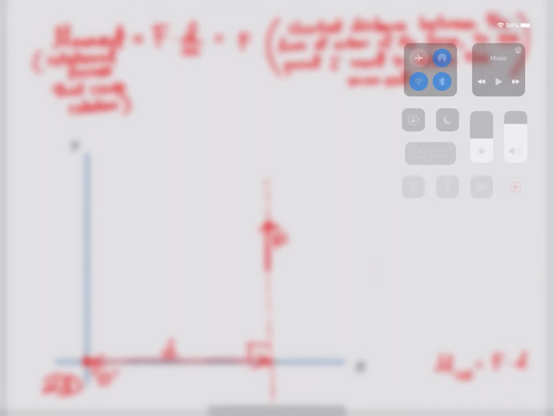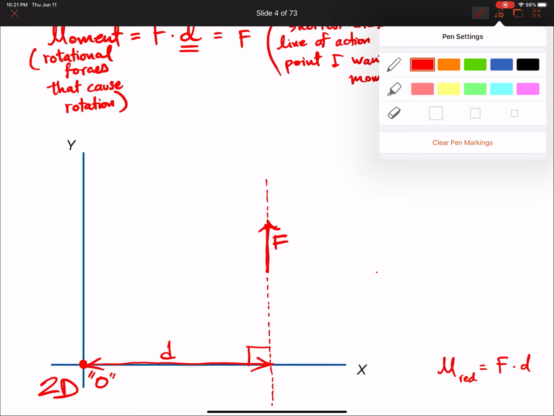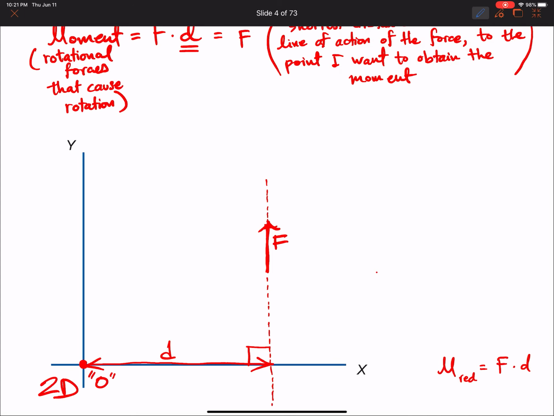Let's have another example. Let's have a blue force just floating in space. Let's draw it over here, and we want to calculate the moment caused by the blue force about my point O. Well, the first step is we have to project the line of action of my blue force, and then draw a perpendicular to that line of action that passes through point O. So I think it should be something like this.